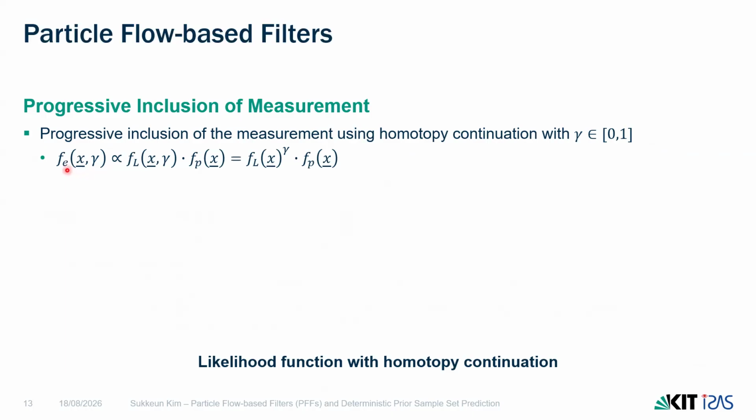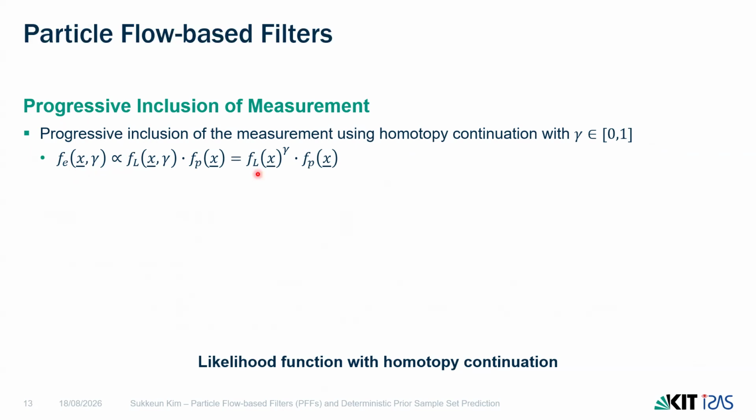So we define this posterior density of x as a function of gamma, which is the artificial time I just introduced. Basically this is the Bayesian theorem, but here we define the likelihood function as a function of gamma as well, and f_p is the prior. This is the most common case of how we define the likelihood function.